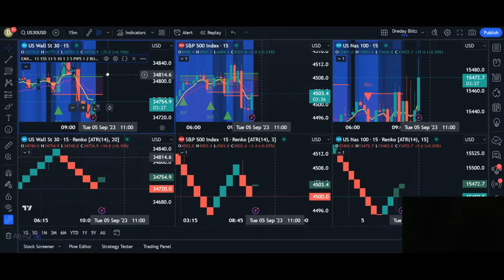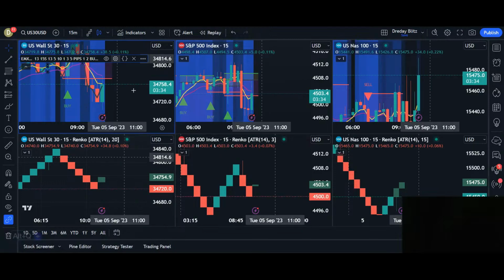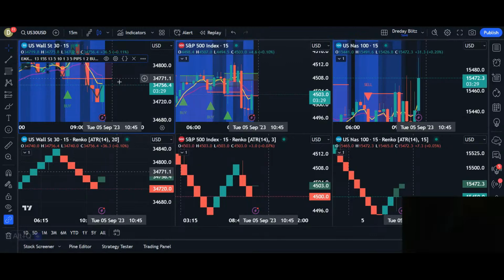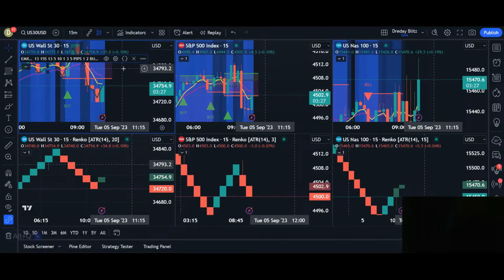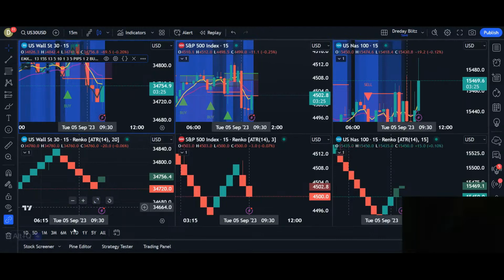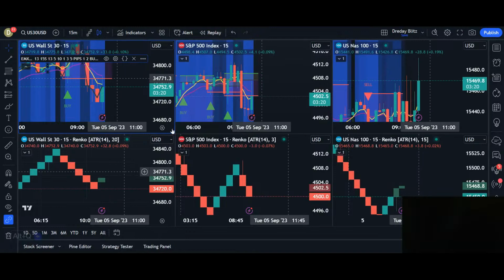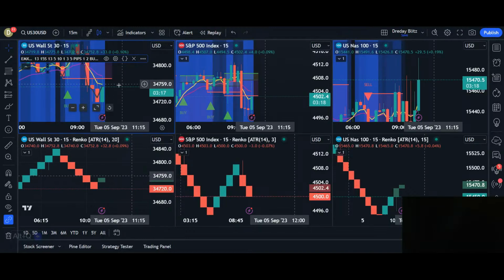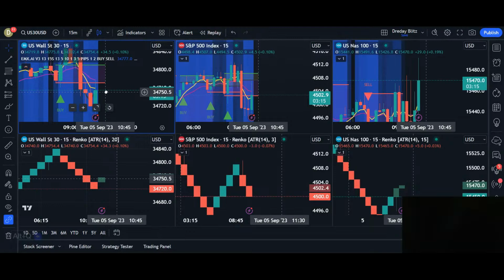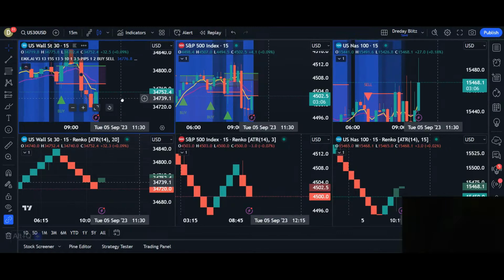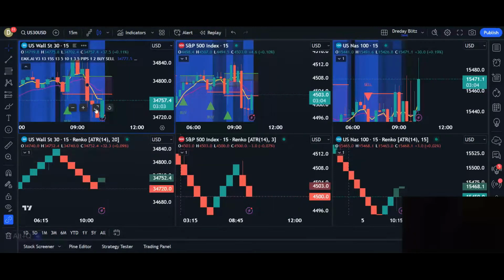But for US 30, it's still going down right now, and it's pushing up a little bit, but we'll see if it's going to reverse. Yeah, it's showing us a little bit of reversal here in the near future, but we'll see if it's a full Renko bar, and that will confirm the reversal.